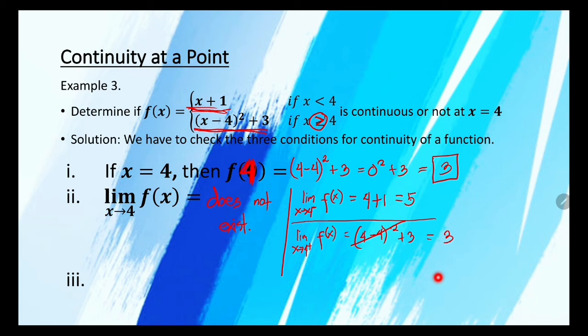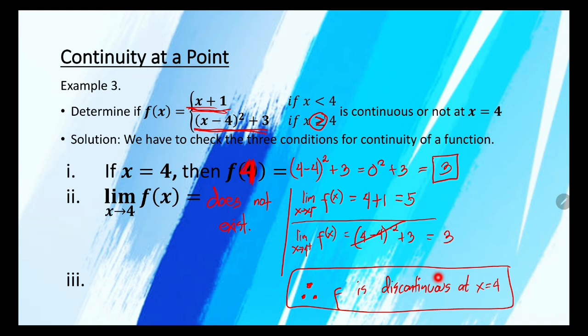So no need to continue, since condition 2 is not satisfied. Therefore, f is discontinuous at x equals 4.